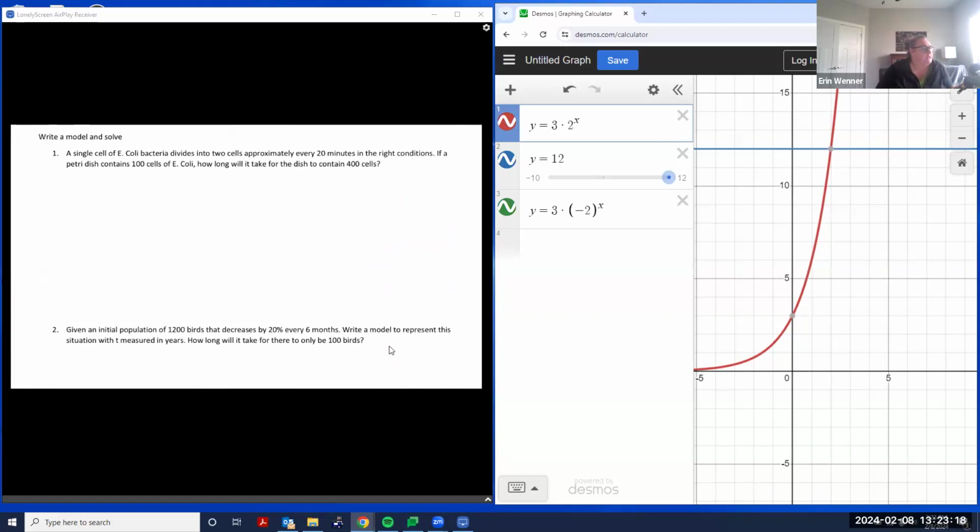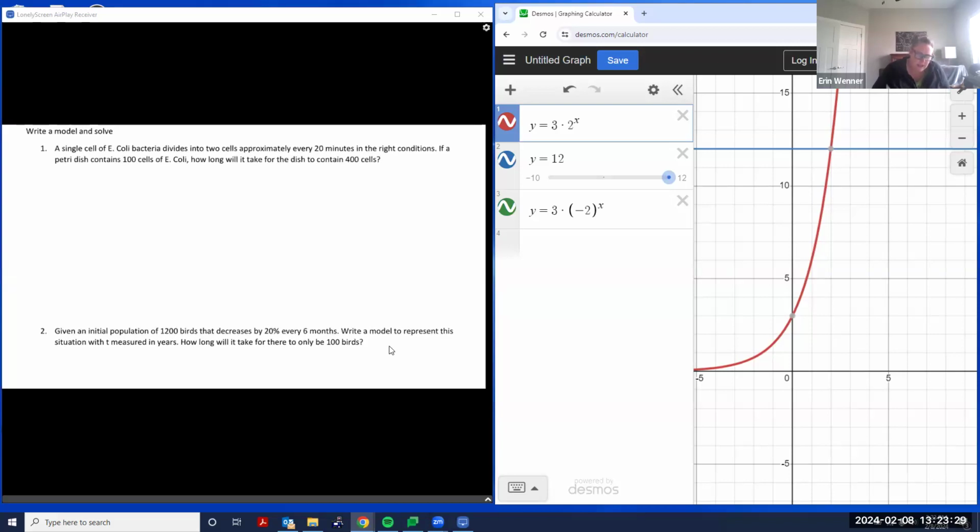So number one says a single cell of E. coli divides into two cells approximately every 20 minutes in the right conditions. If a petri dish contains 100 cells of E. coli, how long will it take for the petri dish to contain 400 cells? Again, my encouragement to you is always write out some data to help give yourself an idea of what's happening.